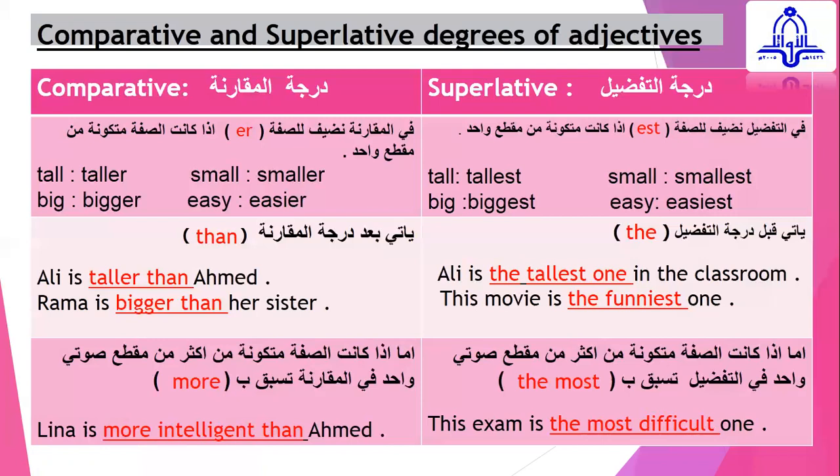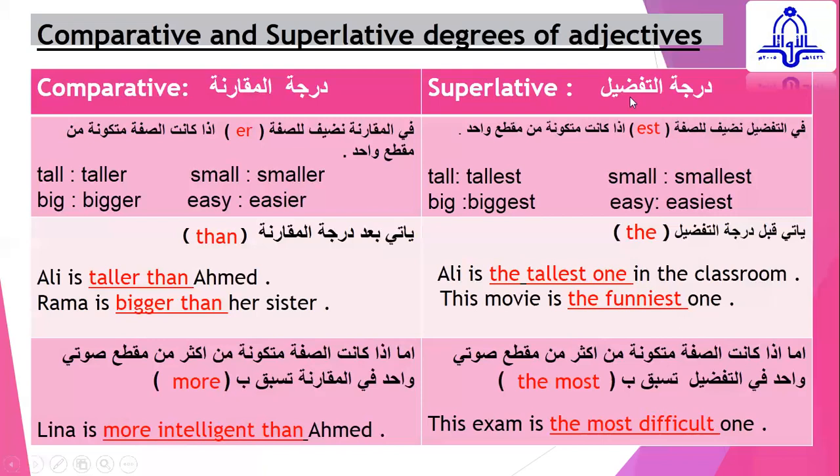If the adjective has one vowel letter, it means there is one syllable sound. معناها أن هذه الصفة تحتوي على مقطع صوتي واحد. أما إذا كانت الصفة متكونة من عدة حروف علة فإذا سوف يكون لدينا عدة مقاطع صوتية.